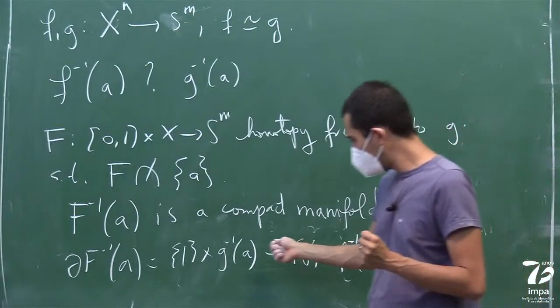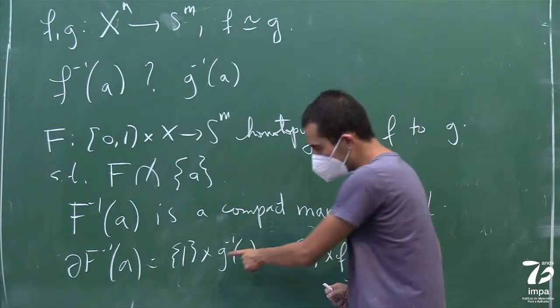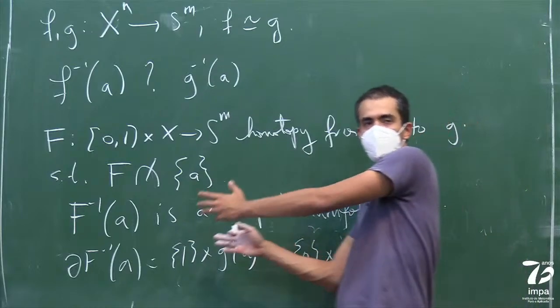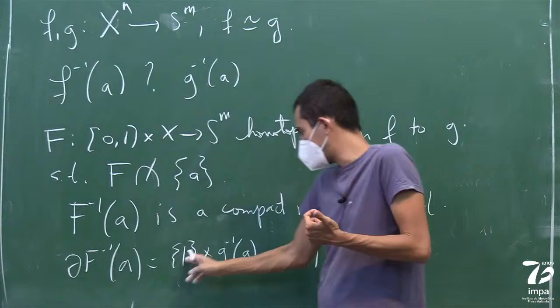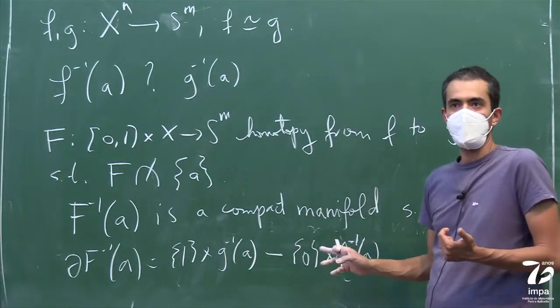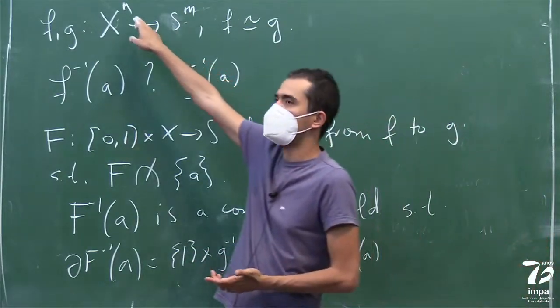So what happened? Back then, these guys were just points, and I said we can construct a curve in this product manifold whose boundary was 1 times this and 0 times that. But this is actually true, basically, in higher codimensions too.